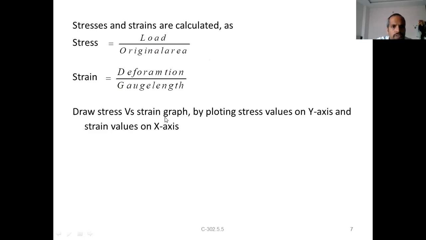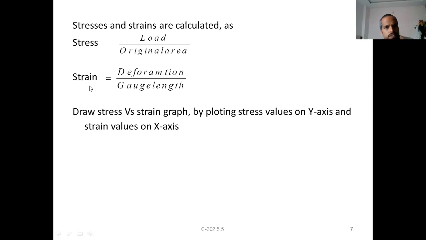So draw the stress strain curve. Let us say you start the experiment with zero and you increase the load at regular intervals, not all at a time. Sudden increments shall not be there. You have to maintain standard intervals. First you apply load, then wait for a certain time and let the complete deformation take place.